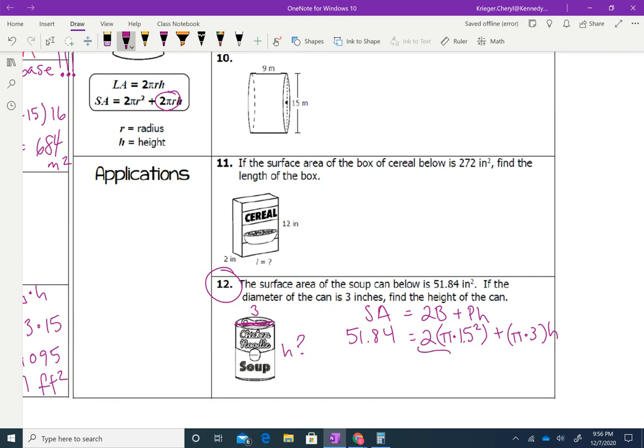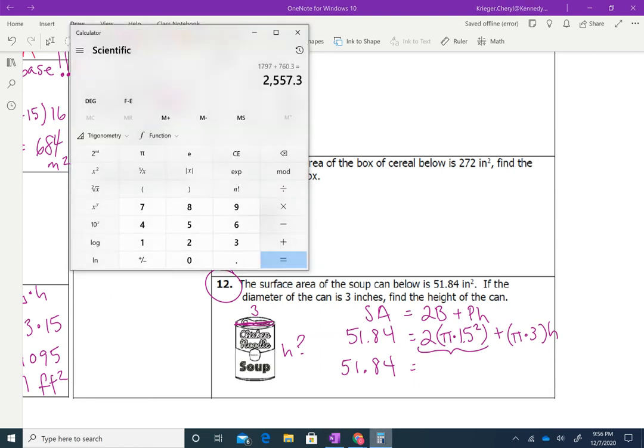Okay, well this is a number, so let's just simplify this on the left-hand side. So I'll leave this 51.84 alone on the left, and I'll simplify the right. 2 times pi times 1.5 squared.